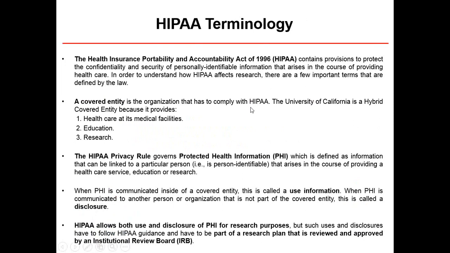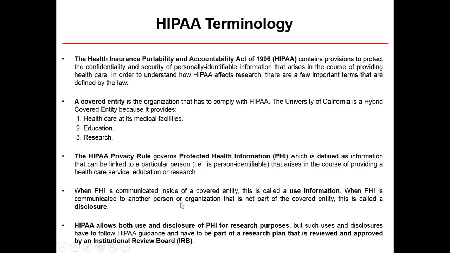In our case, the University of California is a hybrid covered entity because it provides healthcare, education, and research. The HIPAA privacy rule governs protected health information, and from now on I'll refer to protected health information as PHI, which is defined as information that can be linked to a particular person, person identifiable, that arises in the course of providing a healthcare service, education, or research.